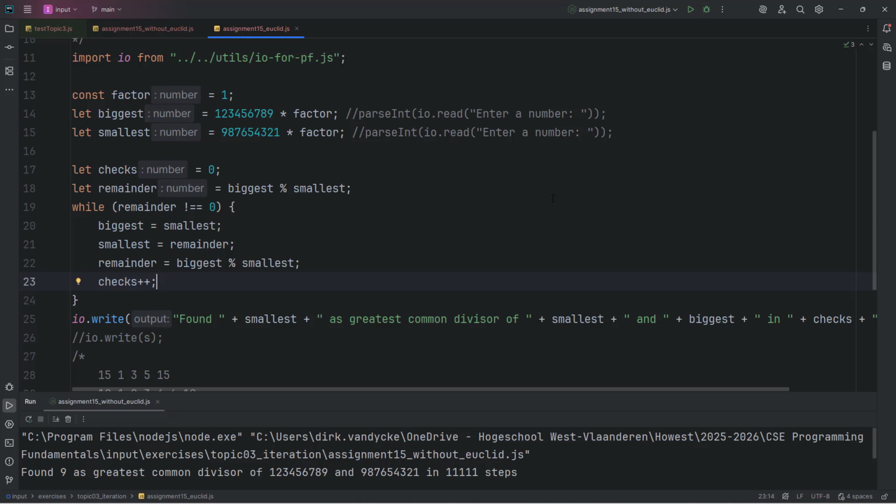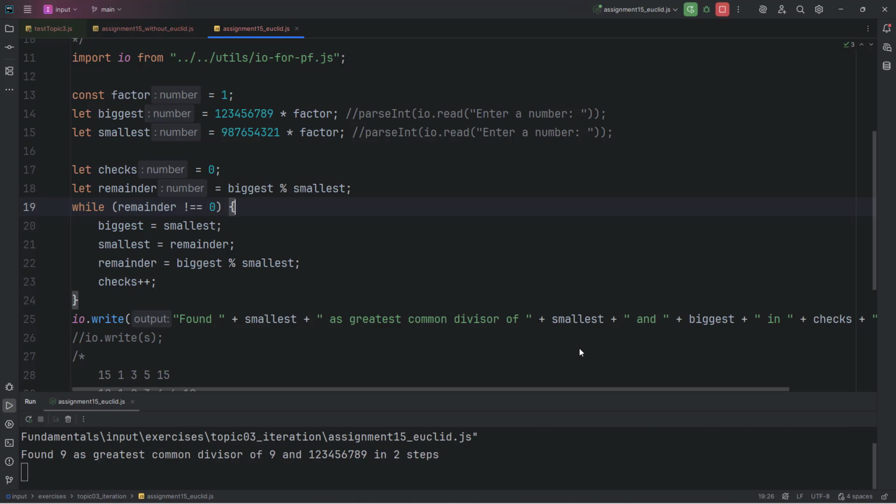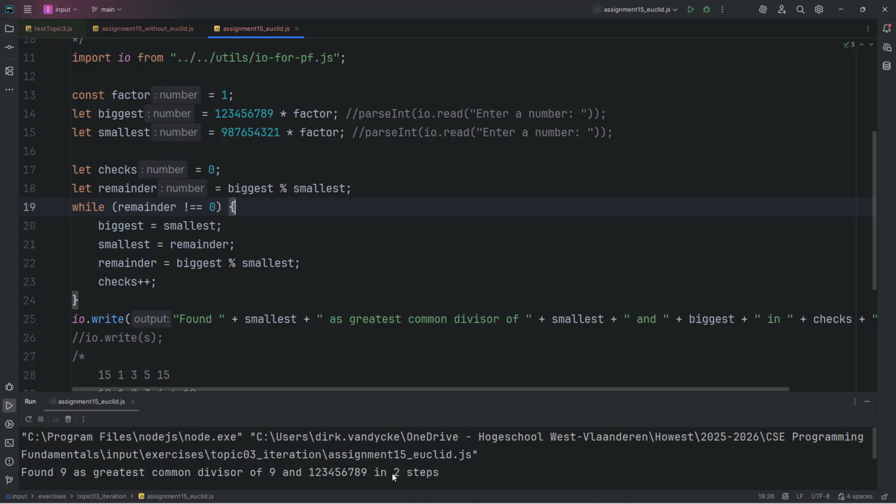And I can tell you that this is probably going to make a very huge difference. Okay, in just 2 steps he found the same result. Okay, it's not 9, it should be smallest and biggest. Oh yes, I can't count on these because I'm changing smallest and biggest. Okay, so that's too bad. I would need to remember these.